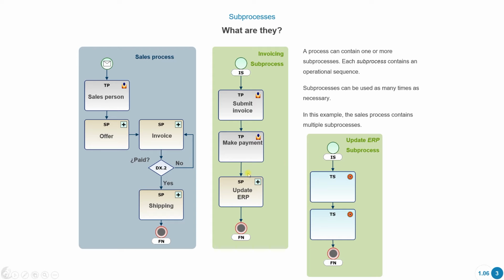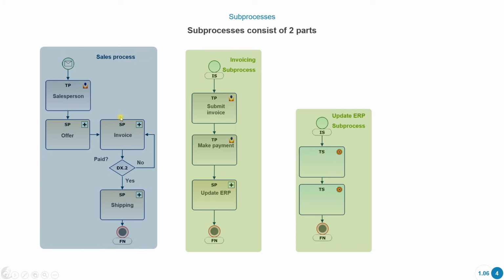Okay, so we have to take into account that a subprocess consists of two parts. First of all, let's see our main process here. It's got what we call the compressed notation of a subprocess. So we can see it's got these three objects. And this subprocess also has a compressed notation, because in the invoiced subprocess, inside of it, there's another subprocess to update an ERP.